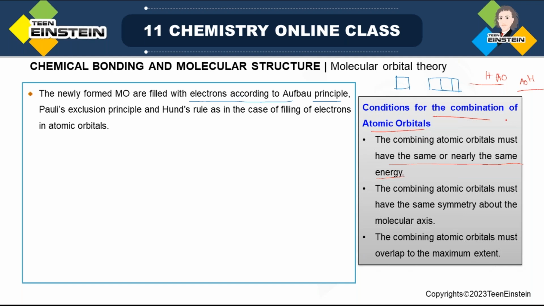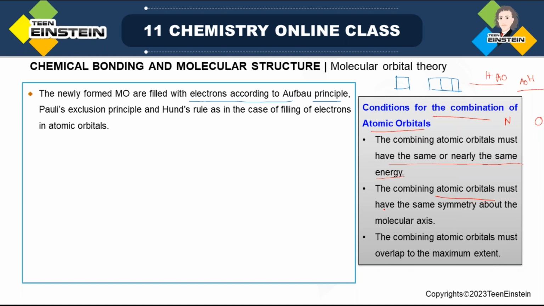Suppose one side you have nitrogen, another side you have oxygen. That is not similar atoms. In that case, you have to keep this condition in mind: the combining atoms should have similar or nearly the same energy. The more similar the energy, the better the MO. If the difference is very high, then MO formation starting from atomic orbitals will be difficult.